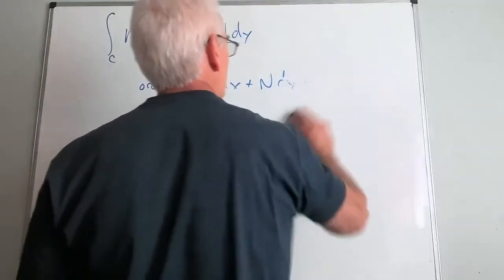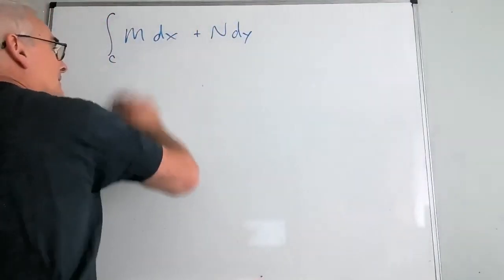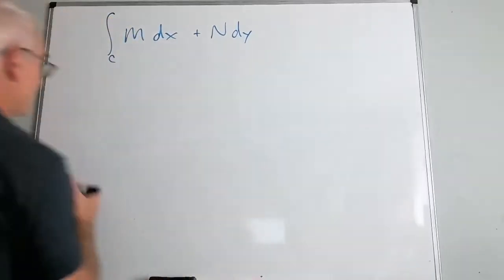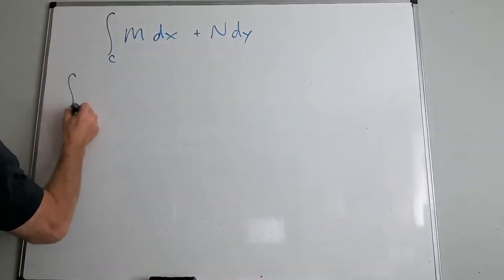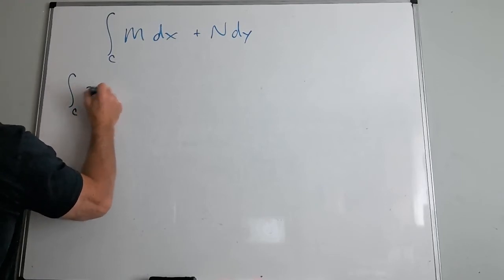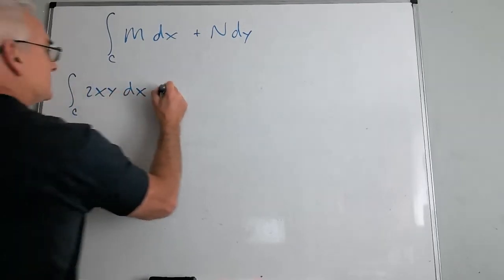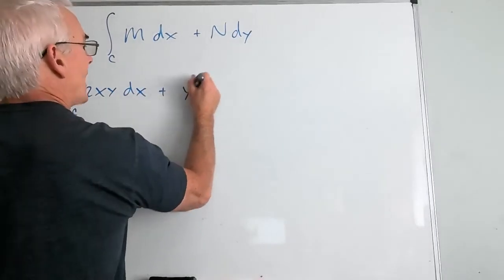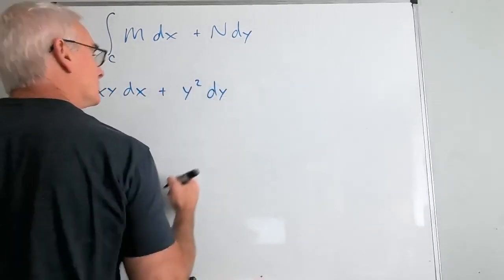The ds is the least common of the 3. Okay, so let's suppose I said, let's calculate the following. I'm going to keep this relatively simple. Let's say it's 2x dx plus, I don't know, y² dy.